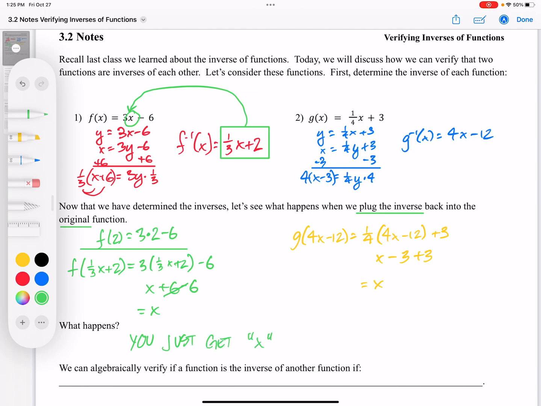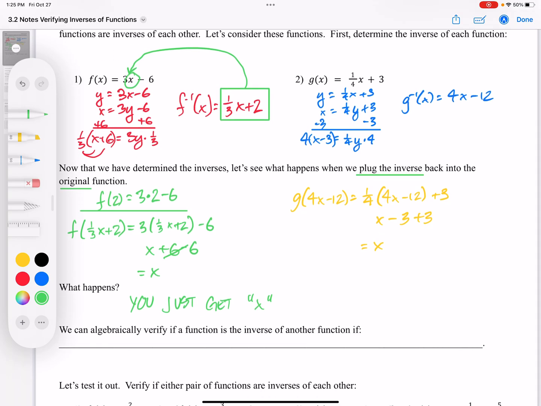All right, so we can algebraically verify, this is going to happen every time, if you plug the inverse into the original function, and it simplifies to y equals x.